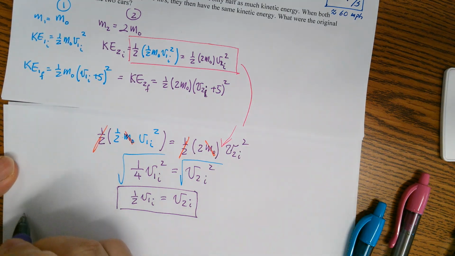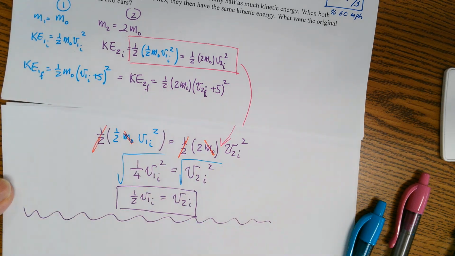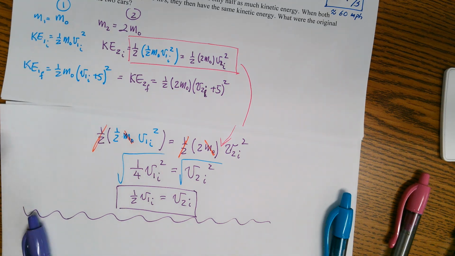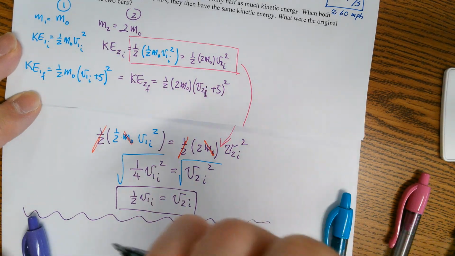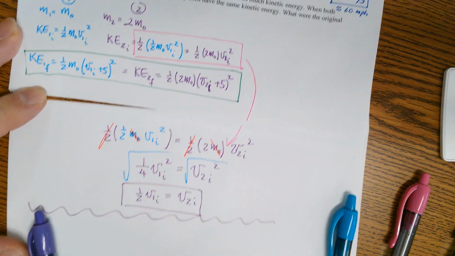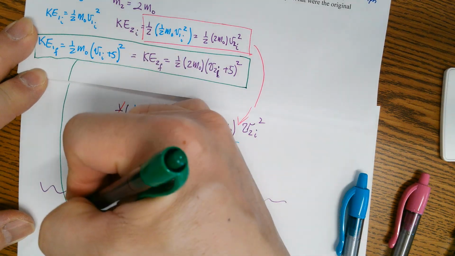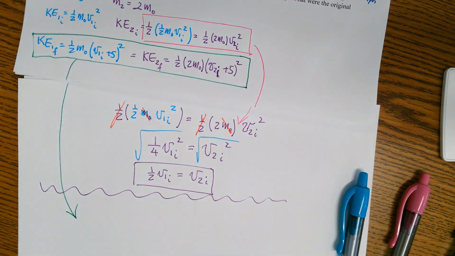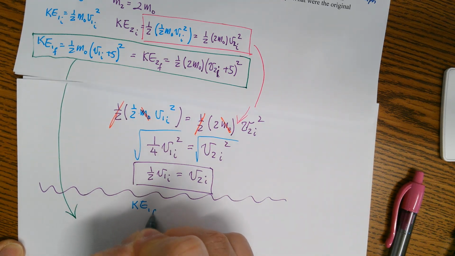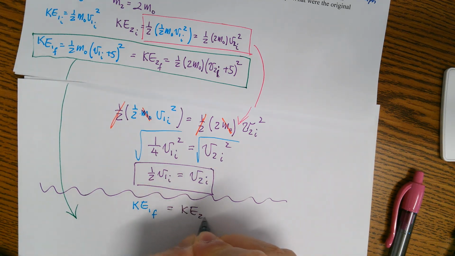Once we go up in speed by 5 meters per second for both cars, the kinetic energies are equal. So kinetic energy 1 final is equal to kinetic energy 2 final.